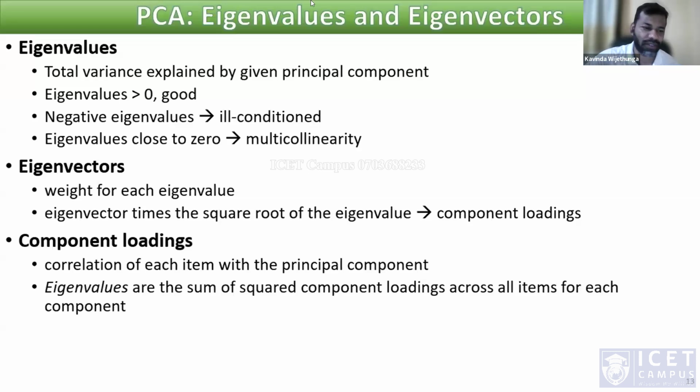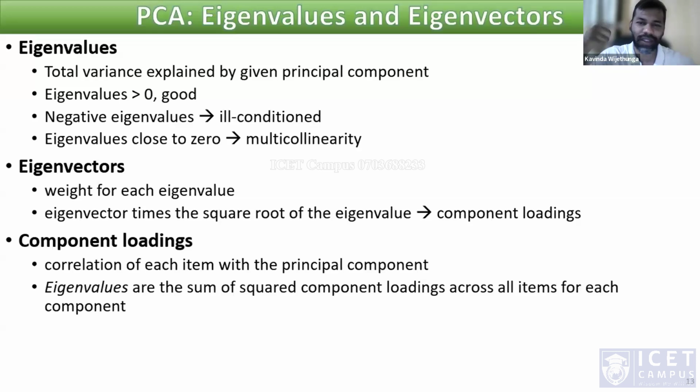Then eigenfactors. The weight for each eigenvalue, we call those the eigenfactors. Then eigenfactors times the square root of the eigenvalue give the component loadings. The eigenfactor we can find by taking the square roots of these eigenvalues, actually. Then component loadings are the correlation of each item with the principal component. We call that component loadings.